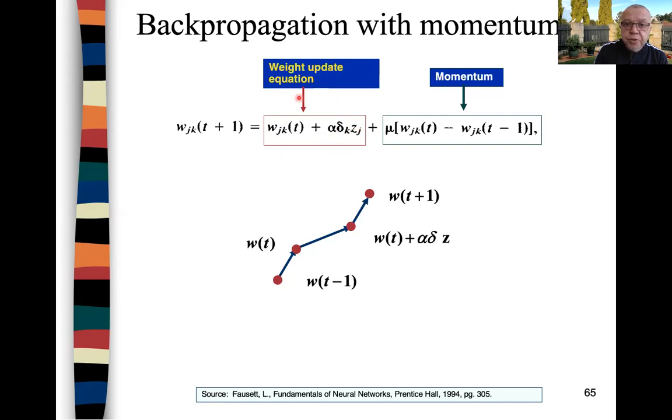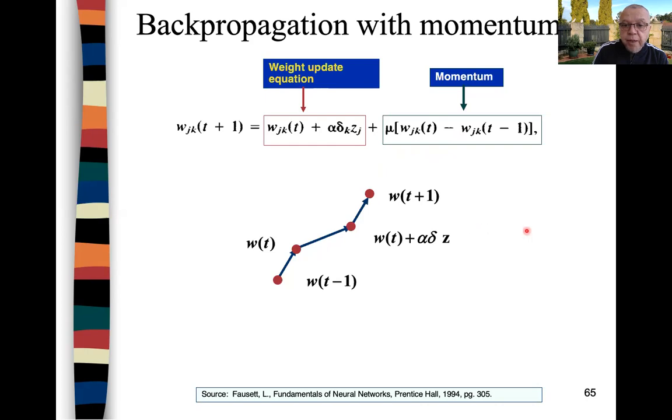This is the weight update equation that we've seen. We add a mu delta W, which is the momentum term. Basically, if we're moving along the same direction, this will increase. And if we're moving in the opposite direction, this would decrease.